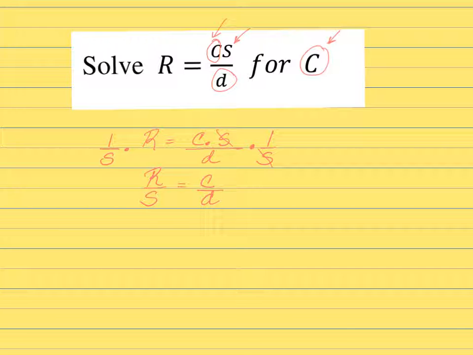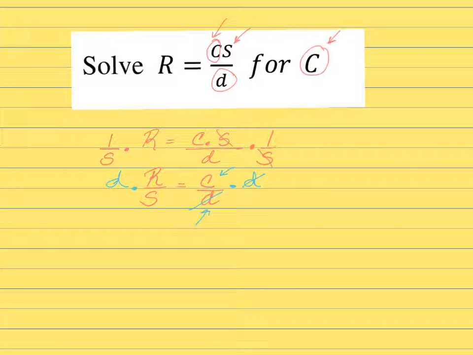Your C is not isolated because you have the D that is dividing. What is the opposite operation of division? Multiplication. But one more time, whatever operation you do in one side of the equation, you do the same on the other.